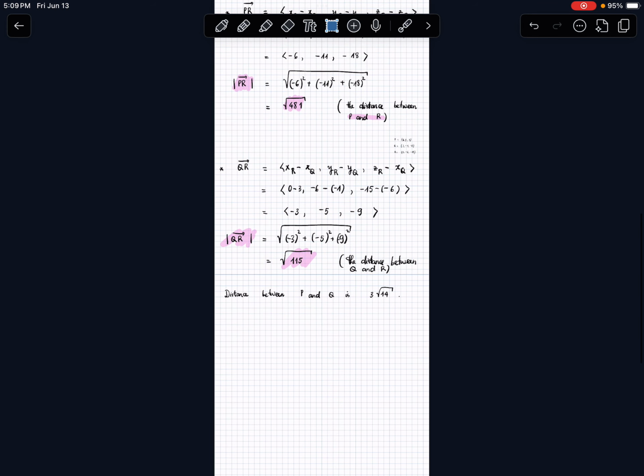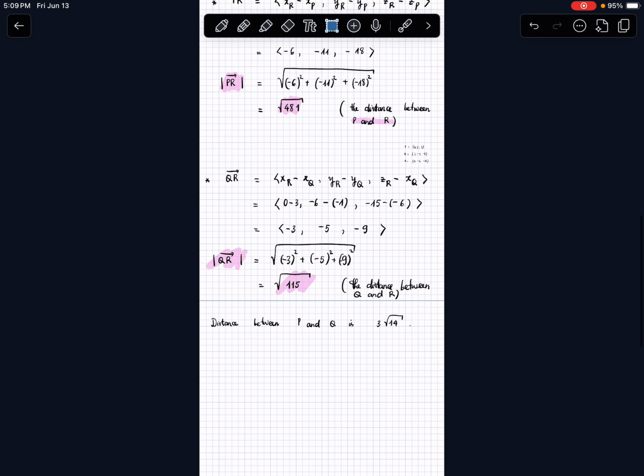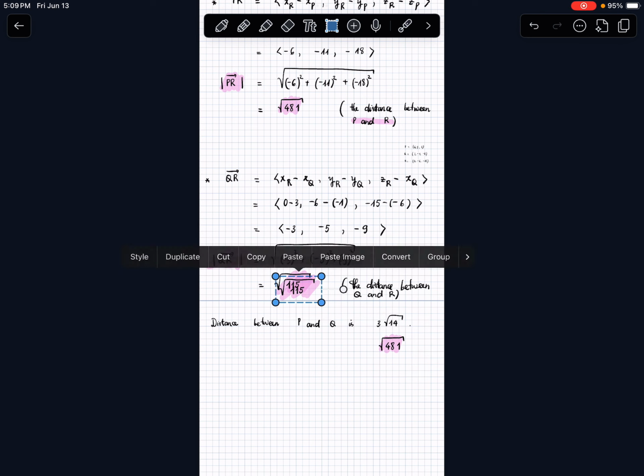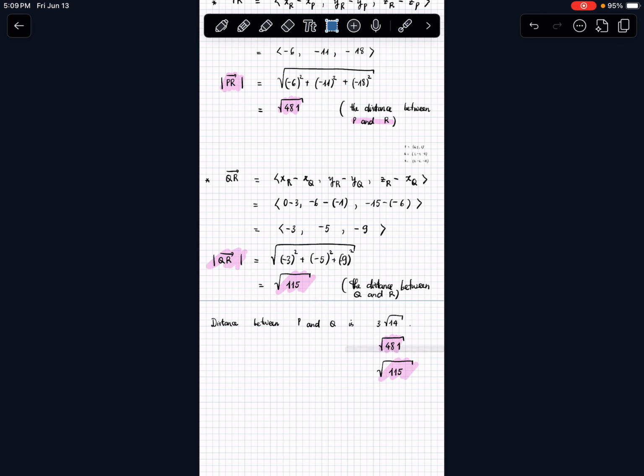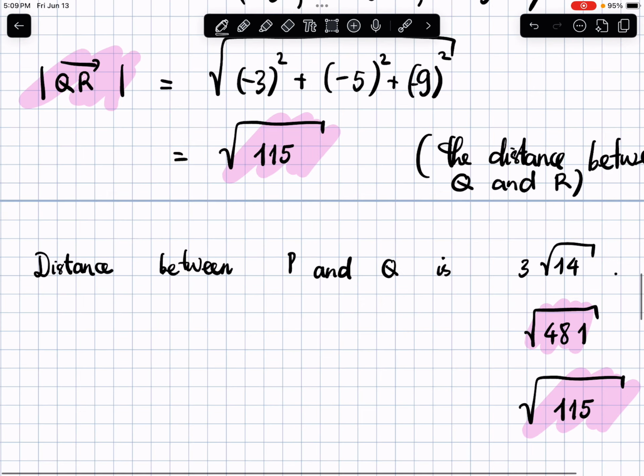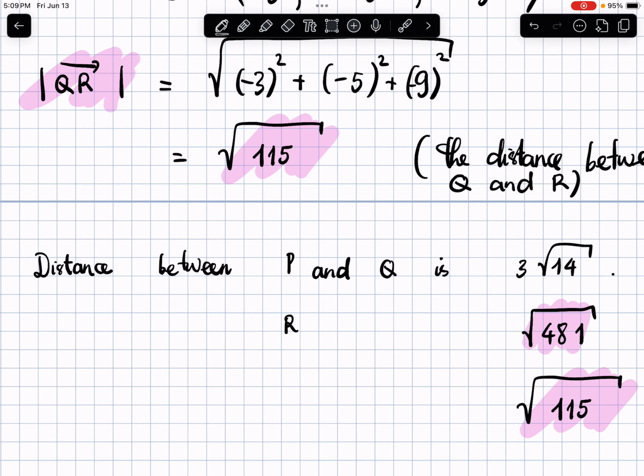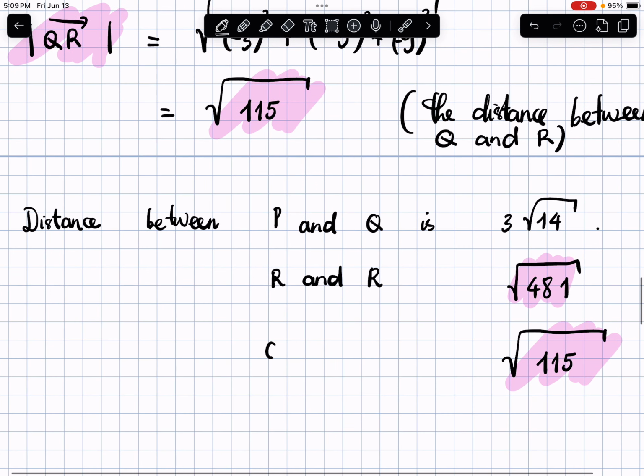The second one is P and R. The last one is Q and R.